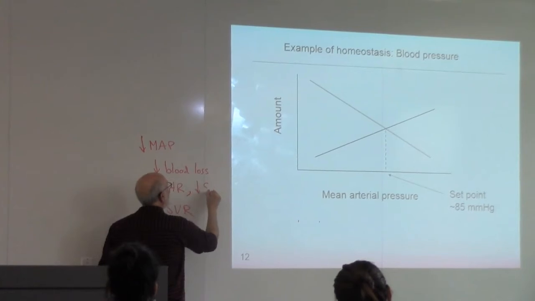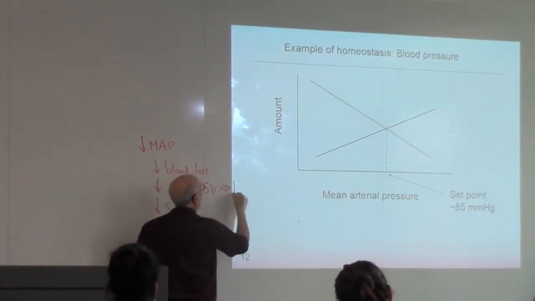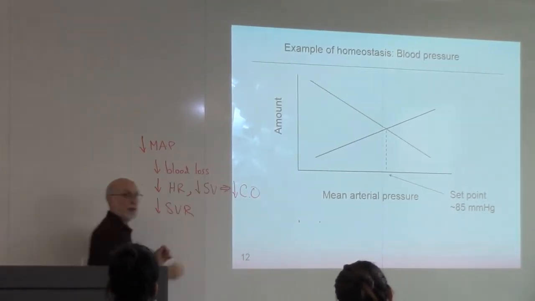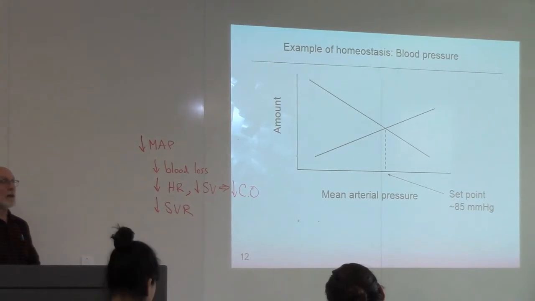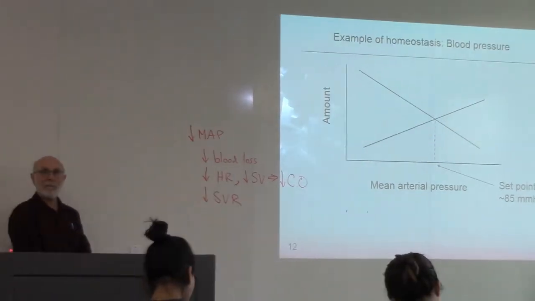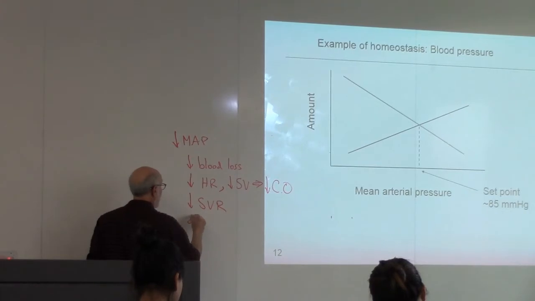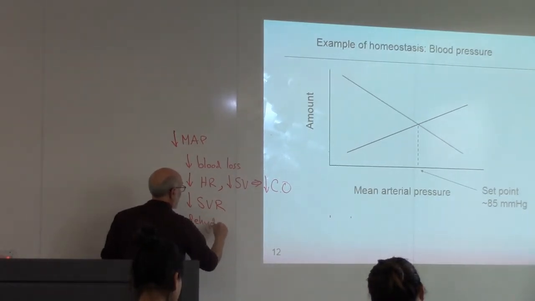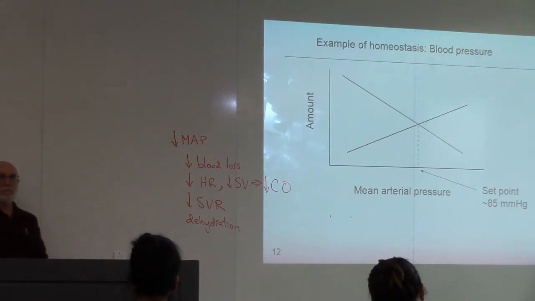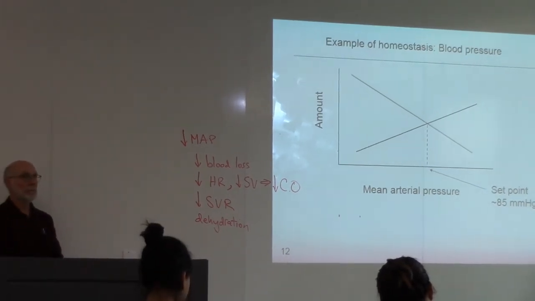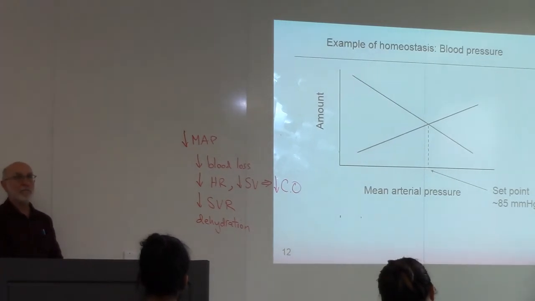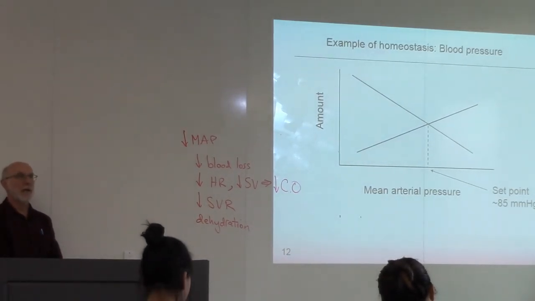Decreased stroke volume, which both of these cause decreased cardiac output, so that's all really related to cardiac output. Dehydration. It's not really blood loss if we're just losing water. So those are some of the major causes that could cause a substantial, measurable decrease in blood pressure.